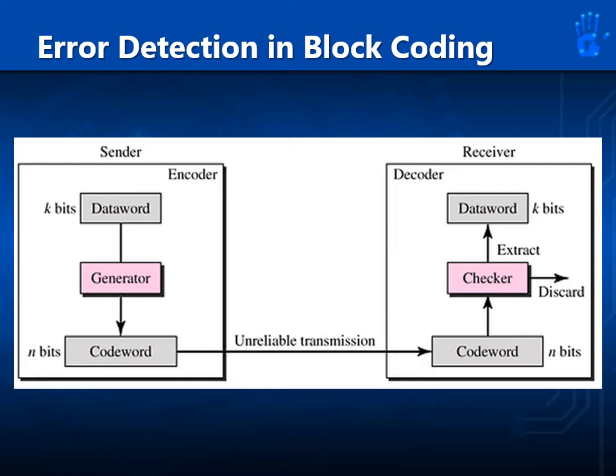After passing through a checker, when the data word and the redundancy bits match, it will extract only the data words, which is composed of k bits. If the data word and the redundancy bits do not match, then the message will be discarded. That is how the receiver knows that the error has occurred.